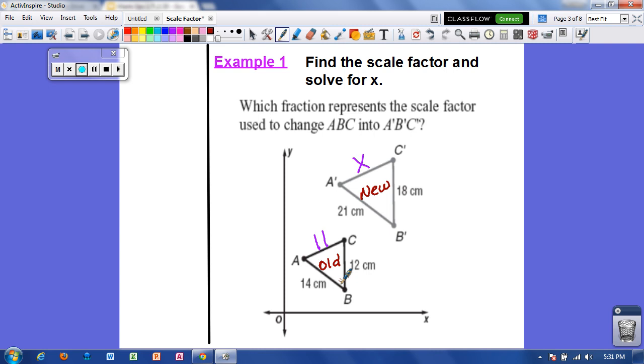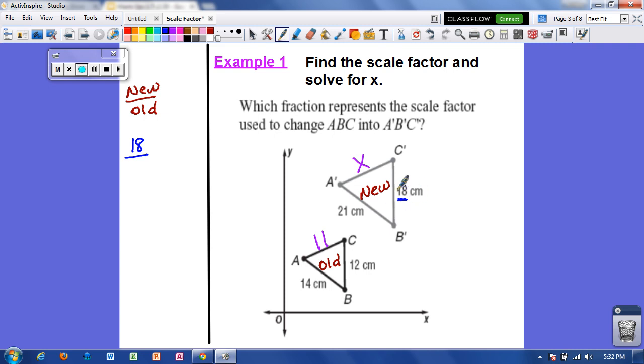Okay, so these symbols are telling us that this is the new triangle, so this one must be the old triangle. Now, to find the scale factor, I want to take new over old. So I am going to select a value from the new triangle, and I am going to select 18. So there's my new value. But now I want to select an old value. And yes, it does have to correspond with whatever I chose here.